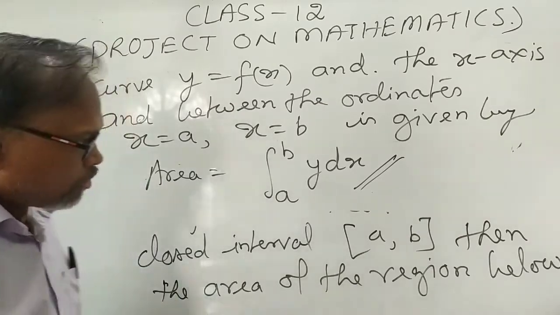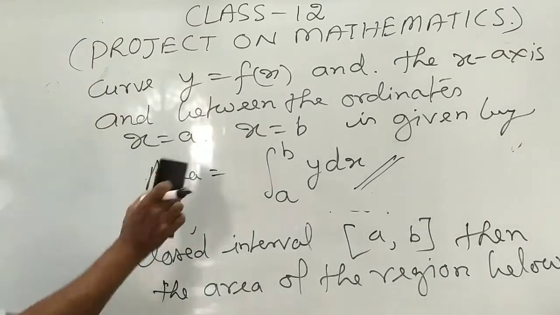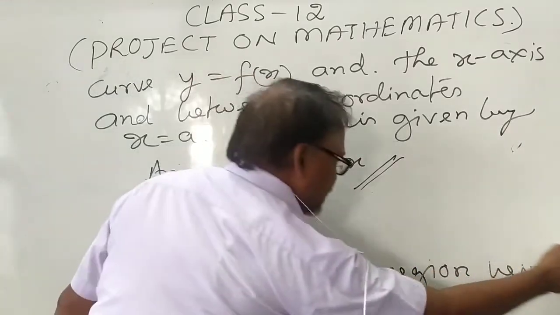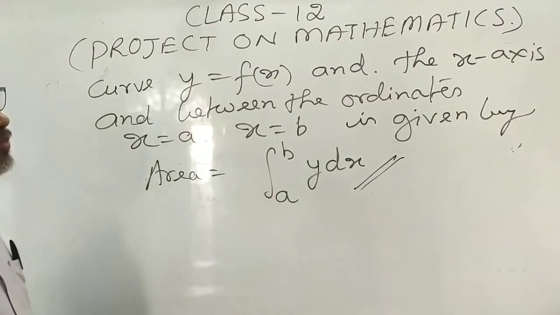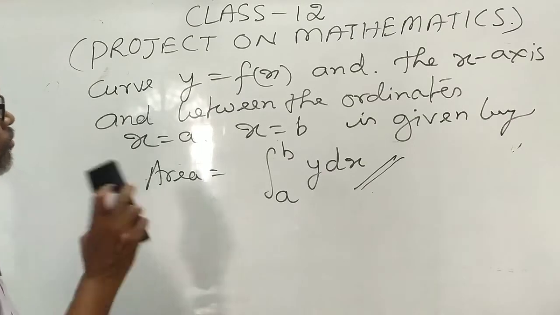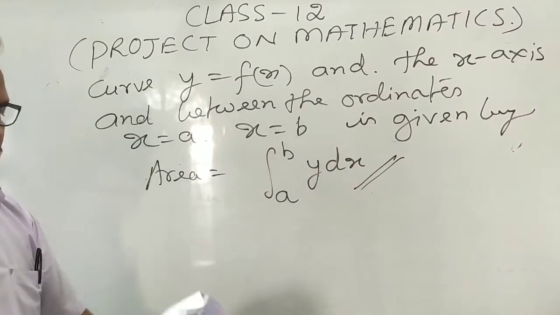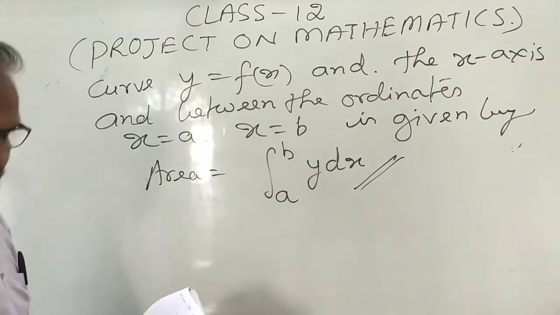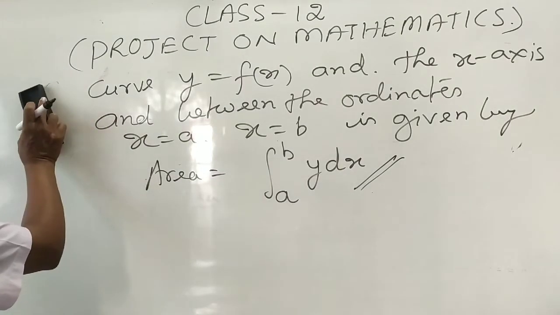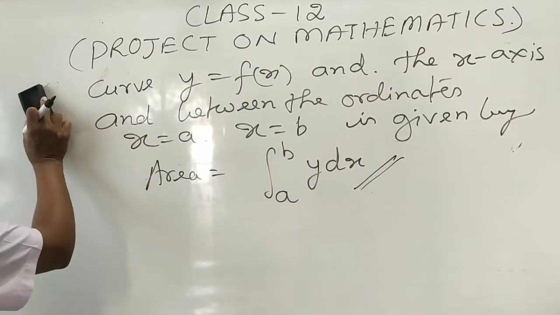Now you have to use this concept and find the area between the curve, meaning the parabola, and the oblique line. For this you will use the graph, or you will sketch the curve first.